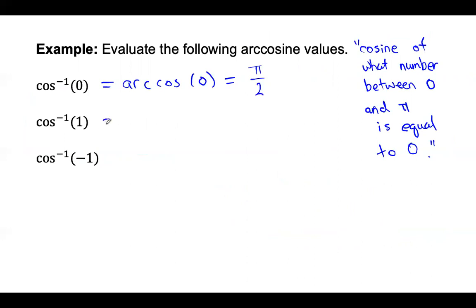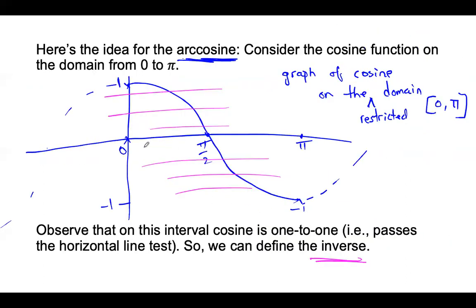Okay, let's do the next one. What about the cos inverse or arc cos of 1? Same thing, tomato, tomato. So the cosine of what number between 0 and pi is equal to 1? We'll go back to the graph.